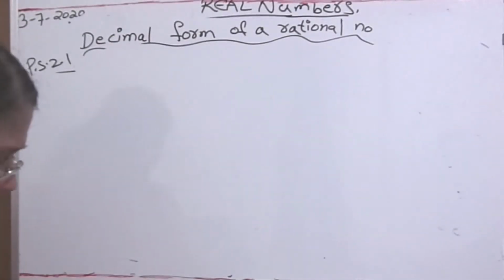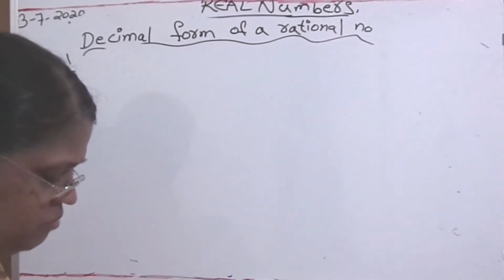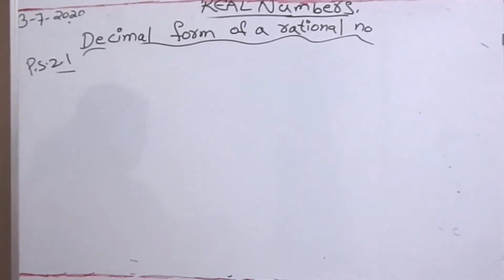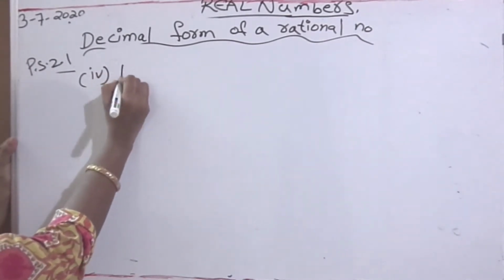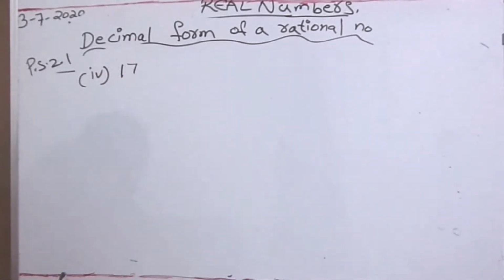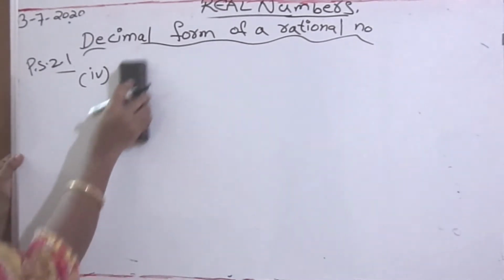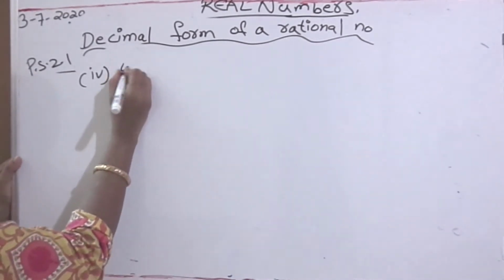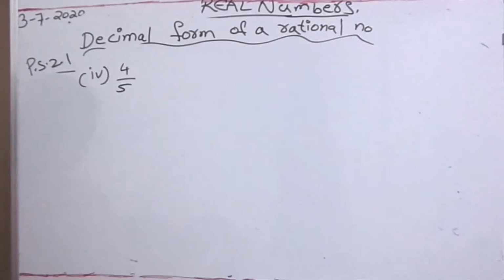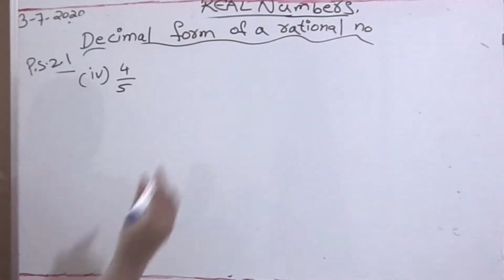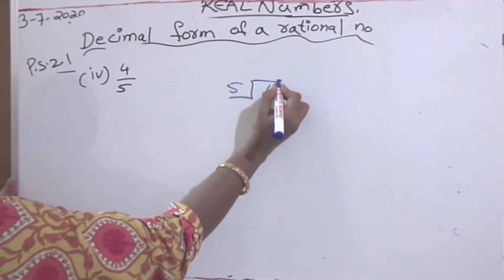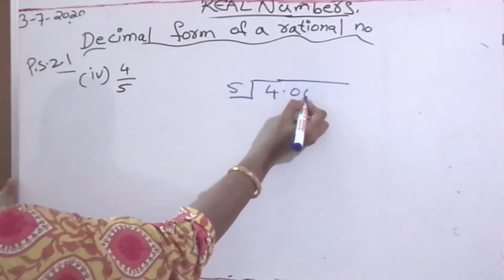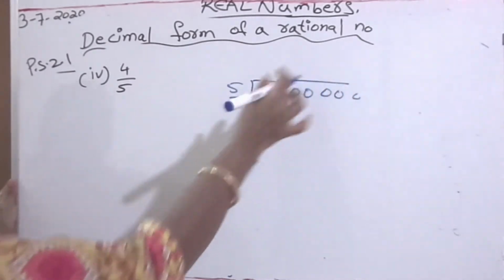Now the next one is the fourth one. Not 17, 4 upon 5. Simple one. 4 upon 5. 4 divided by 5. 4 can be written as 4.00000, any number.